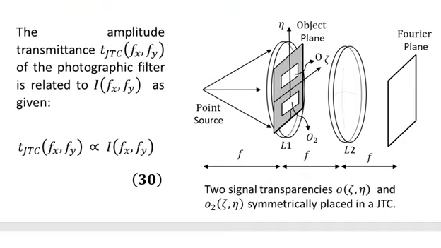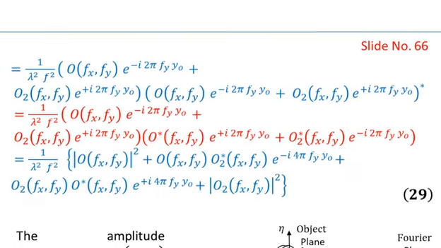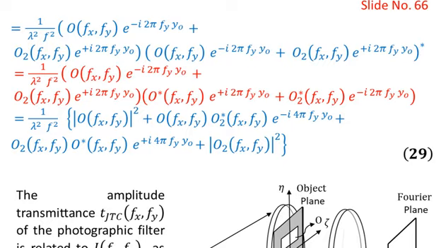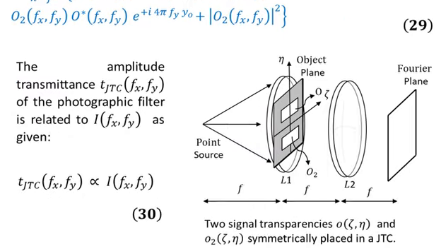So you see that in equation number 30, look at the left hand side, where we have T with subscript JTC. What is the JTC? Joint transform correlator. So actually this is the transmittance of the amplitude. This is the transmittance of the joint transform correlator filter, which is proportional to the intensity given above, that is the last expression of equation number 29.